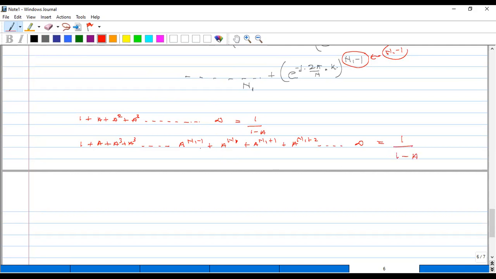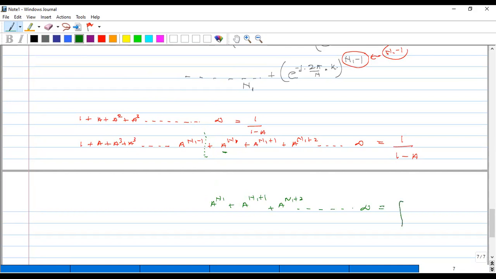So we have to get the sequence up to this. We have to get rid of these terms, so we have to subtract these terms actually. If I write those terms, we have a n1 plus a n1 plus 1 plus a n1 plus 2, so on up to infinity, a very large, infinite number of terms.